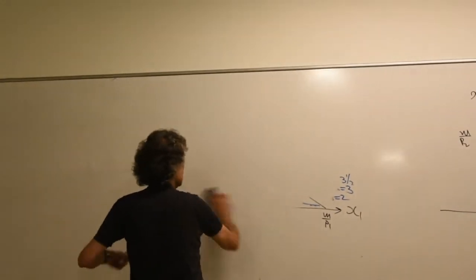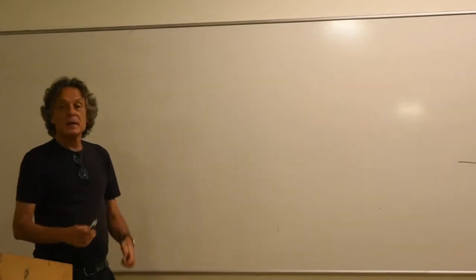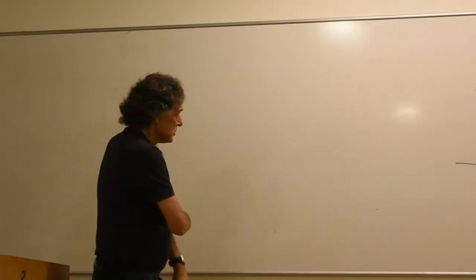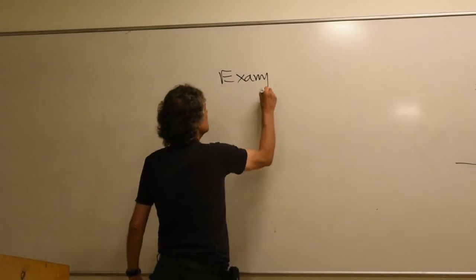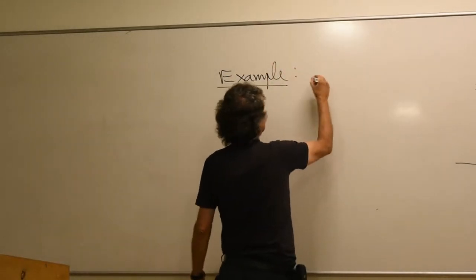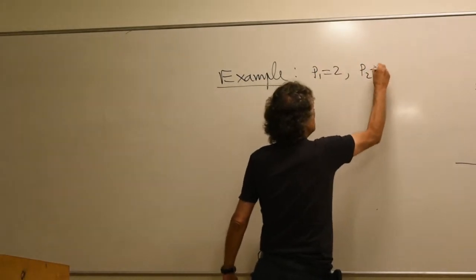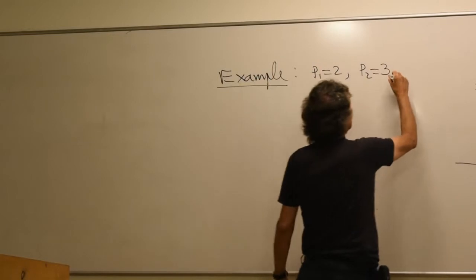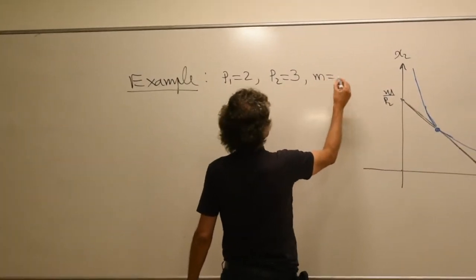So suppose we'll start with an example, but then we'll do everything in more general terms. Let's take P1 equals 2, P2 equals 3. I just invent it now. M equals 12.